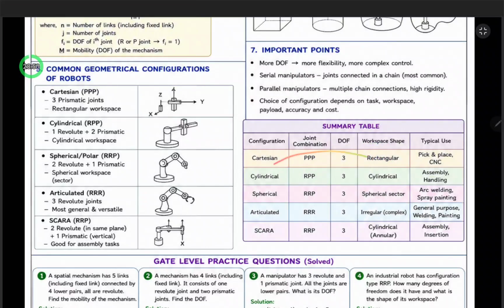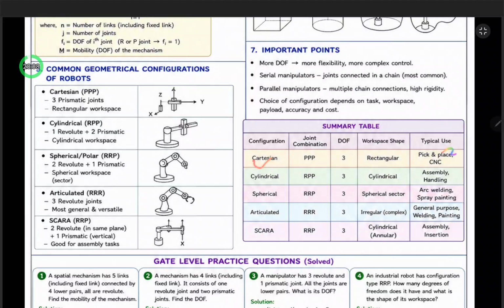Cartesian has a rectangular workspace, so it can work in a rectangular area, not outside that. Cylindrical has a limited cylindrical area, and it can work in between that. Spherical has a spherical sector workspace, articulated has an irregular complex workspace, and SCARA has a cylindrical or annular workspace.